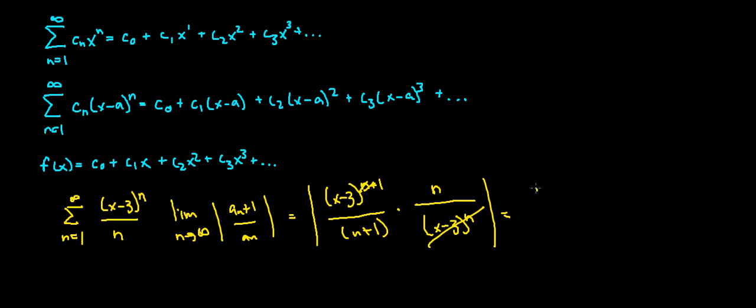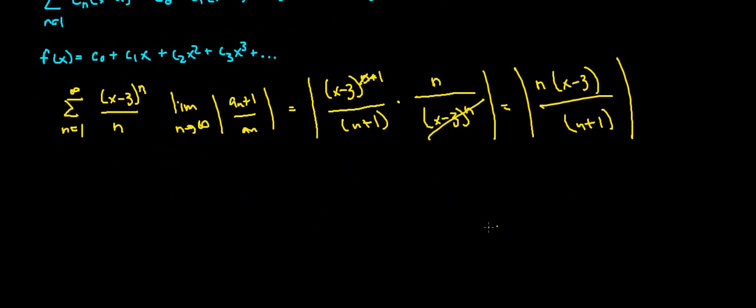So we'll have an absolute value sign. And I can pull this out. So I will be left with the absolute value of x minus 3 as the limit.